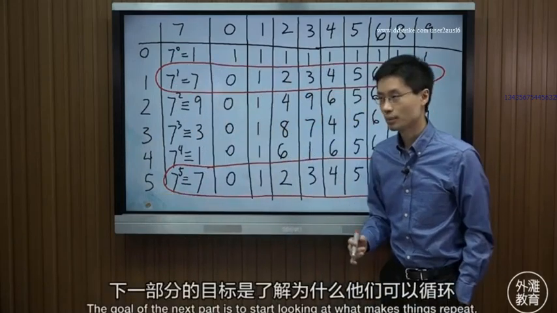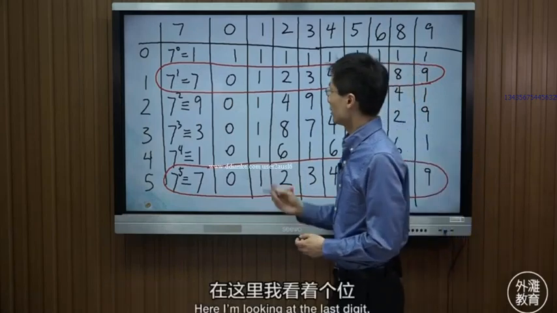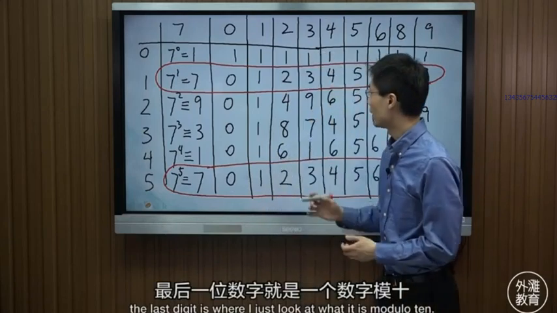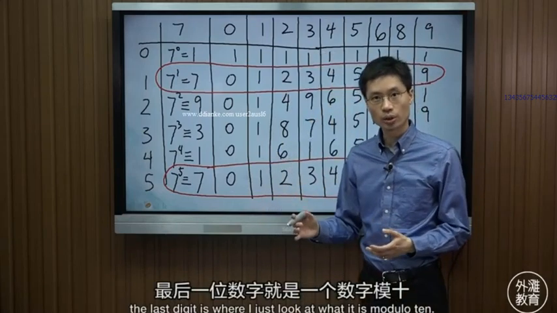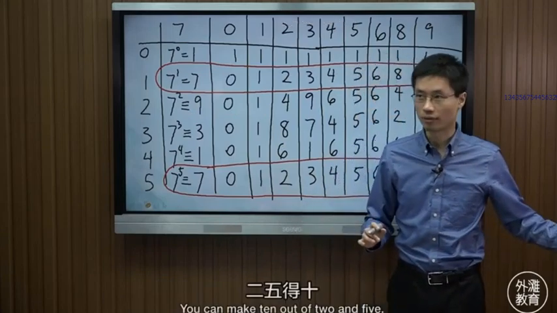The goal of the next part is to start looking at what makes things repeat. Here I'm looking at the last digit. The last digit is where I just look at what it is modulo 10. You can make 10 out of 2 and 5.